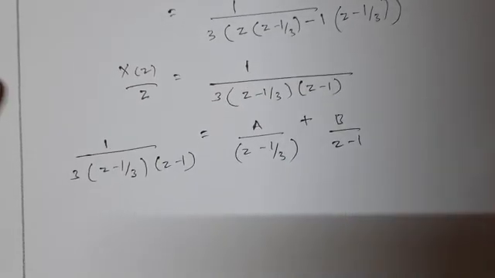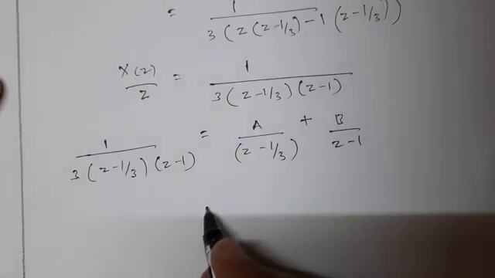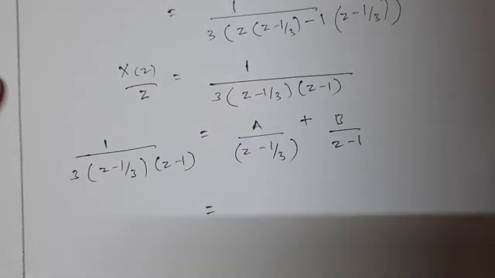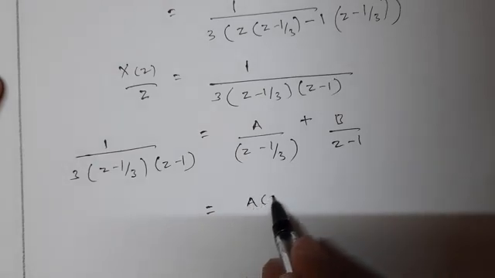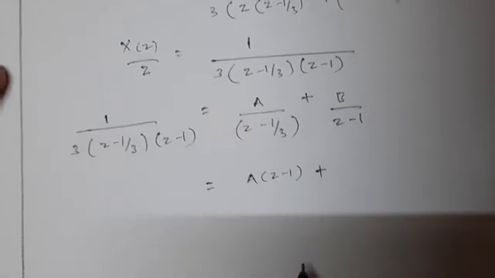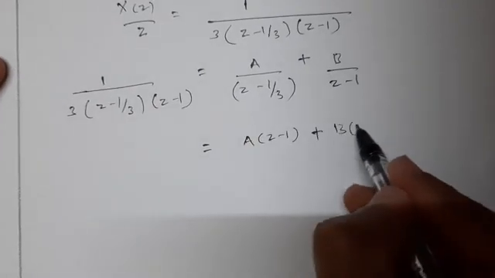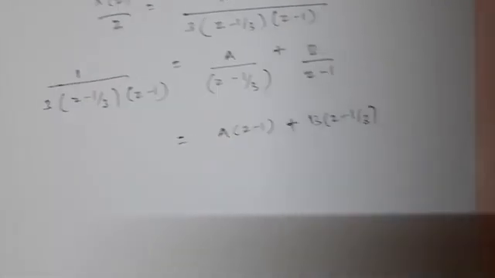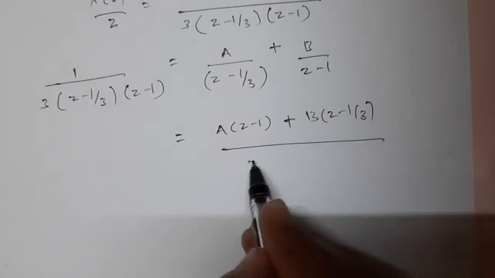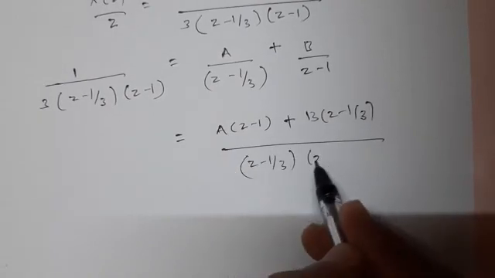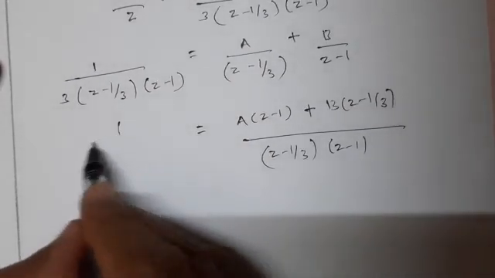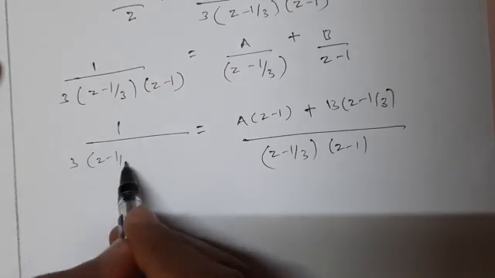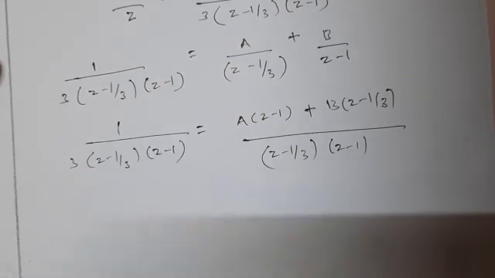This is how you find the partial fraction of this. Now a into z minus 1, by LCM, plus b into z minus 1 by 3. The denominator of this is z minus 1 by 3, z minus 1. On the left side, it is also z minus 1 by 3, z minus 1.